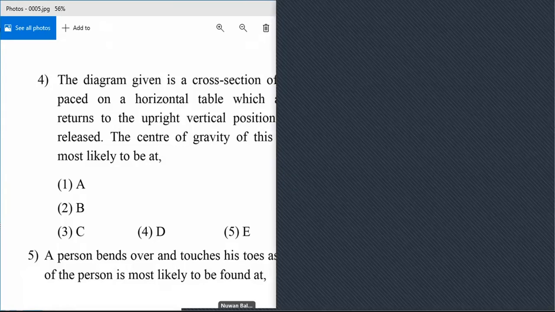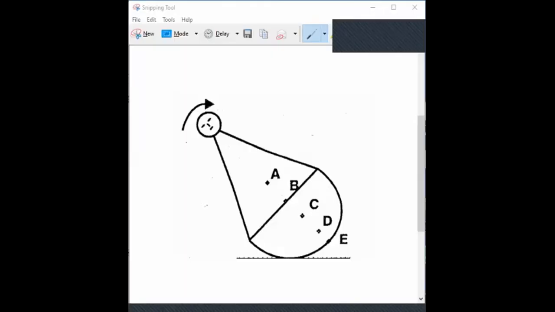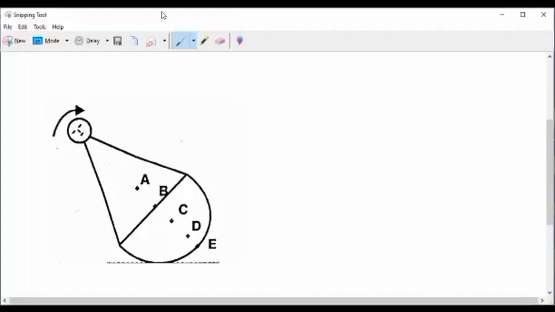Due to the above moment, the toy will be rotated into the clockwise direction and it will be vertical. Okay, dear? Full stop.